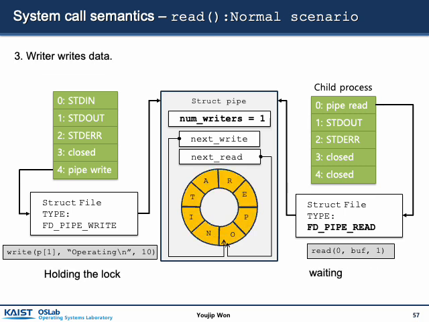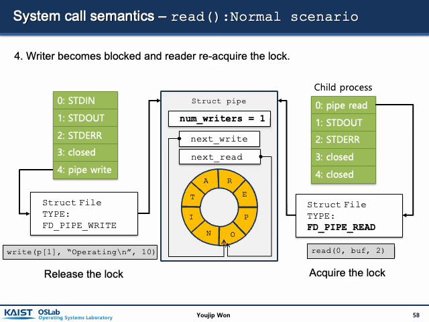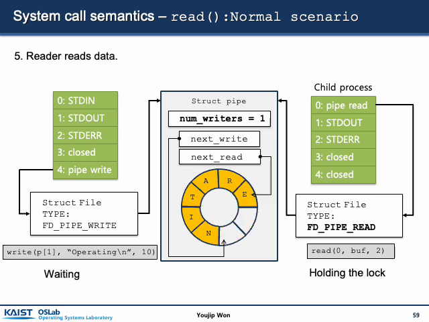After the reader process releases the lock of the pipe, the writer process acquires the lock of the pipe and writes the contents to the pipe buffer. When the pipe buffer becomes full, the writer thread releases the lock of the pipe, and the reader reacquires the lock of the pipe and reads the contents from the pipe buffer.